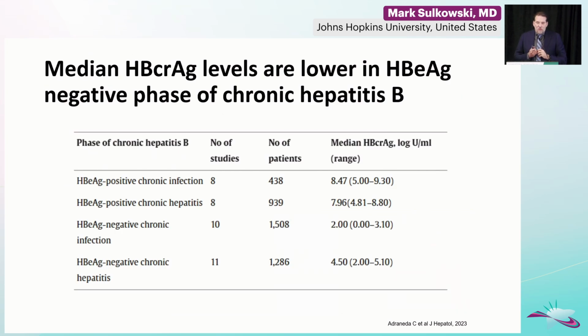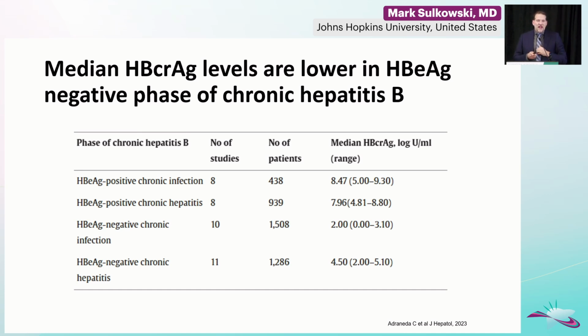So there was a really wonderful meta-analysis systematic review that helped me greatly in putting this talk together. I was one of the people asked to refresh my topics this year, and this was a new topic for me. So when we look at what correlated antigen levels mean, we certainly see, as I've alluded to, that they are lower as we progress from e antigen positivity to e antigen negativity, but they're also lower when patients progress from the hepatitis phase with elevated ALT and inflammation to the chronic infection phase.